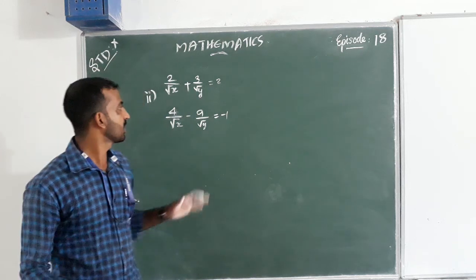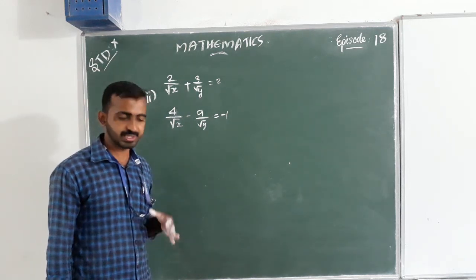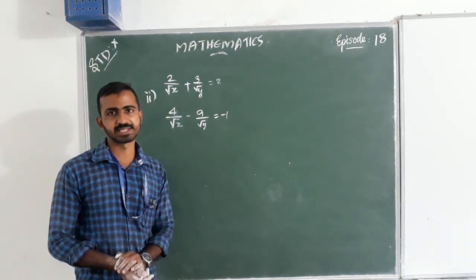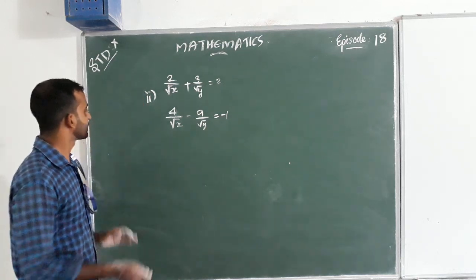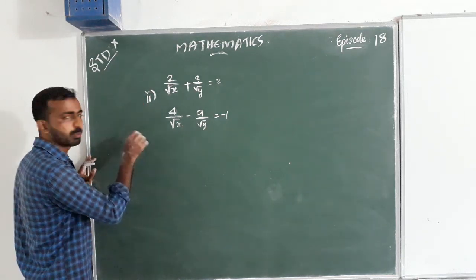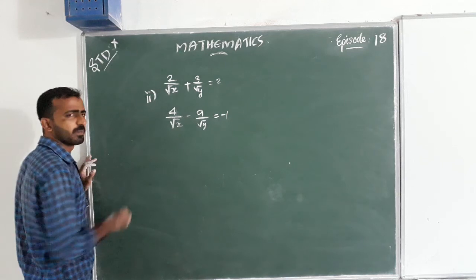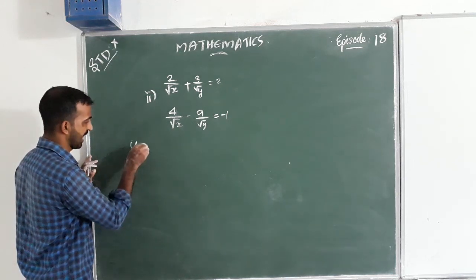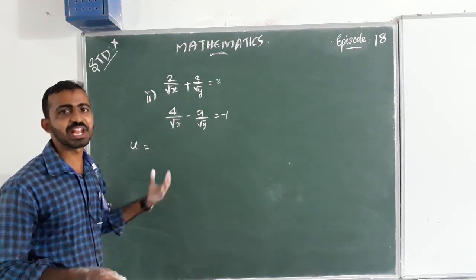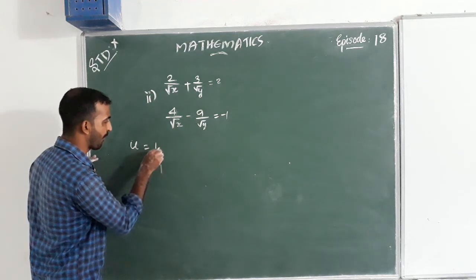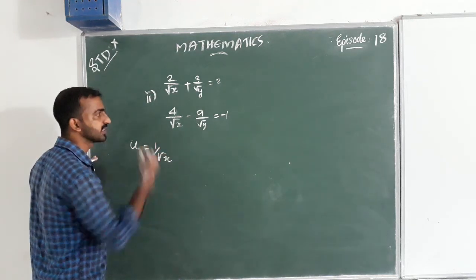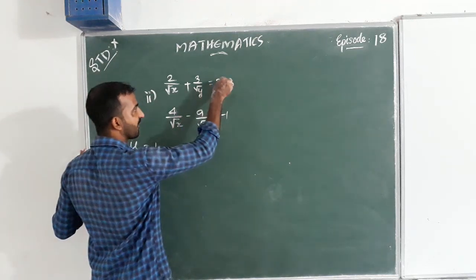We want to find the value of x. Here, for a change, we take u. U equal to 1 by root x, and v equal to 1 by root y.